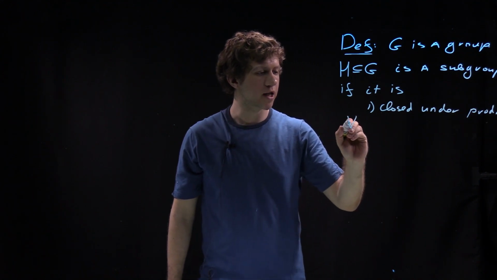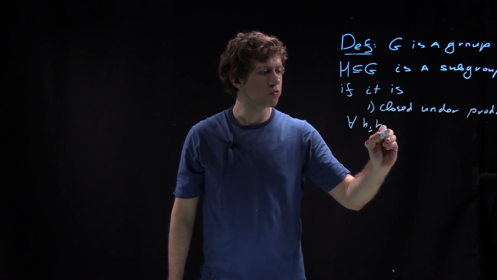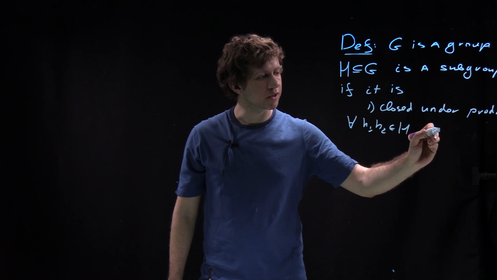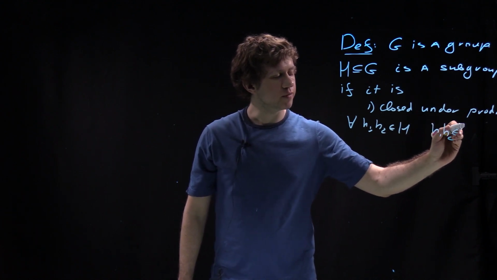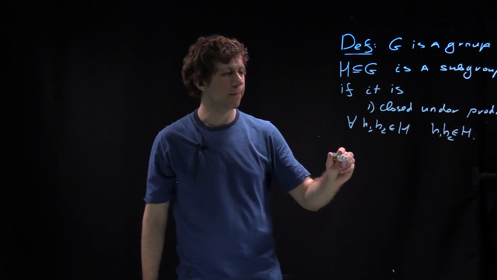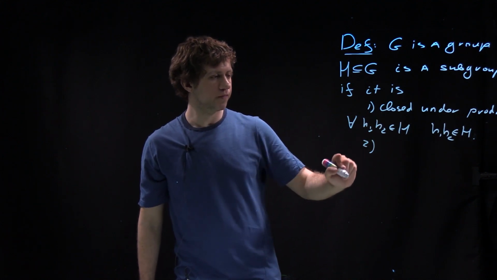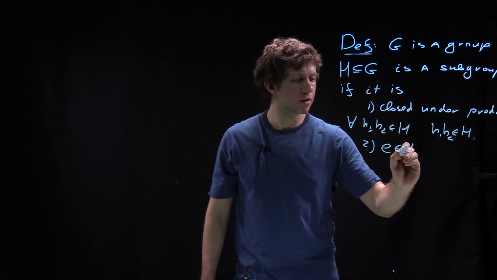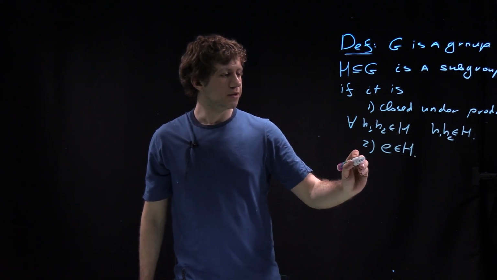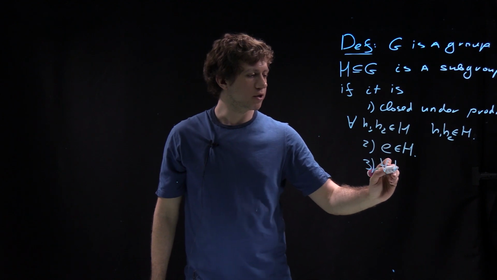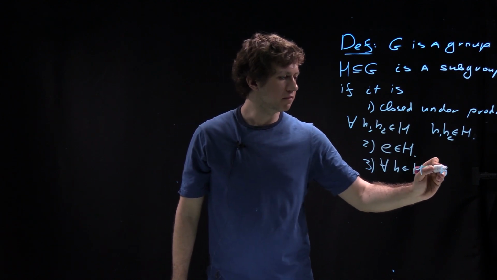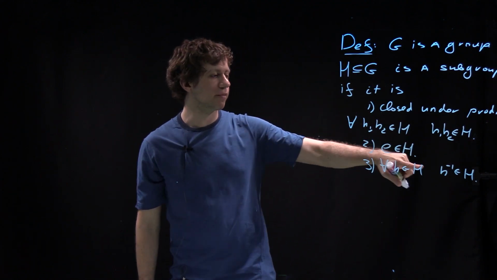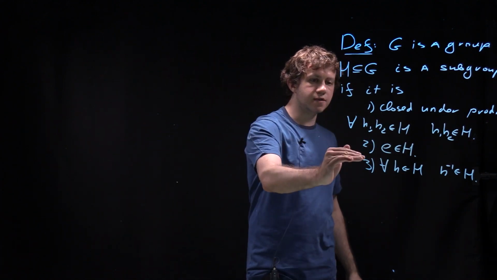So for every two elements h1, h2 in H, they're also in G, so we can multiply them. h1 h2 is supposed to be in H. A priori, it might go away. That's called closed. Second, the identity is in H. And third, for every element h in H, the inverse is in H. Again, the inverse exists in G, but a priori might go away. So this is the definition.